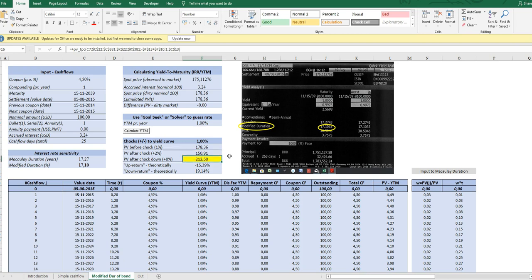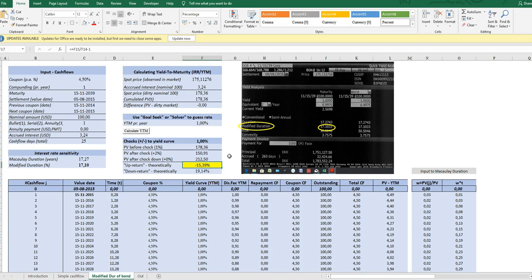If we, on the other hand, change it downwards by 1 percentage point, that is, we discount at 0, we get a massive increase in bond price. Note that, of course, when we discount by 0% as YTM, it's just the sum of all cash flows, so the sum of all coupons until maturity plus the principal.